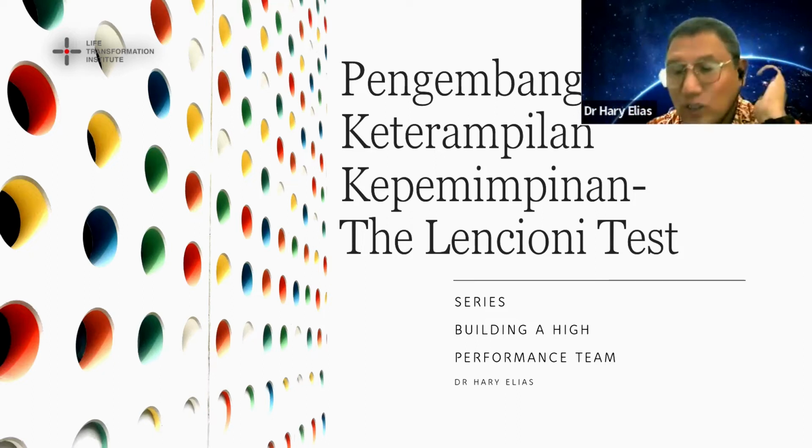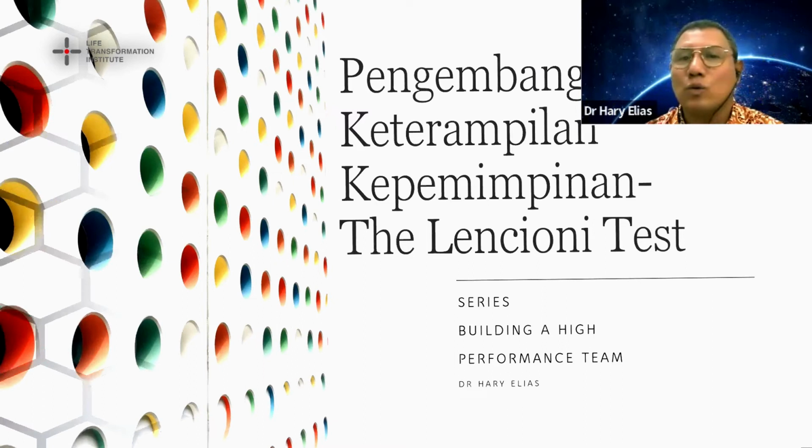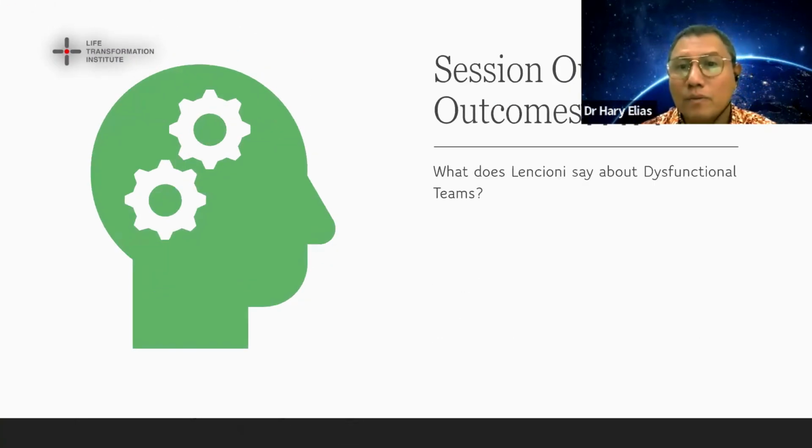Okay. So let's talk about the Lencioni test. What is the Lencioni test and why we want to do it? Okay. Lencioni is the expert on what is called dysfunctional teams. Dysfunctional team is the opposite of high performance teams.